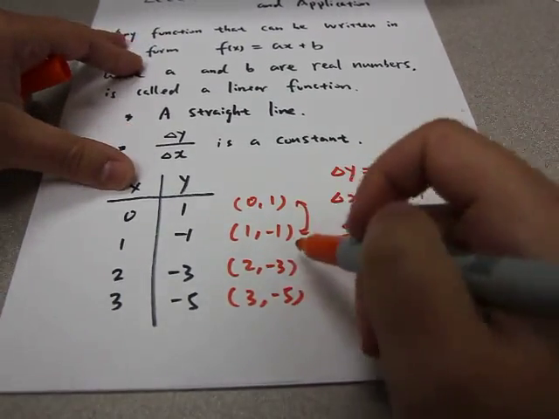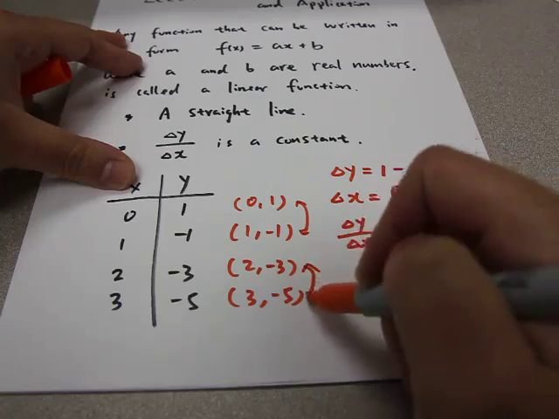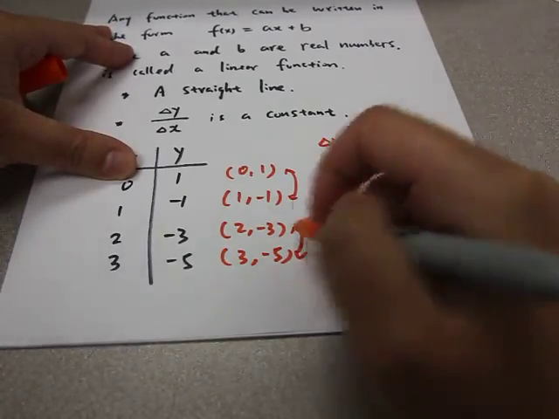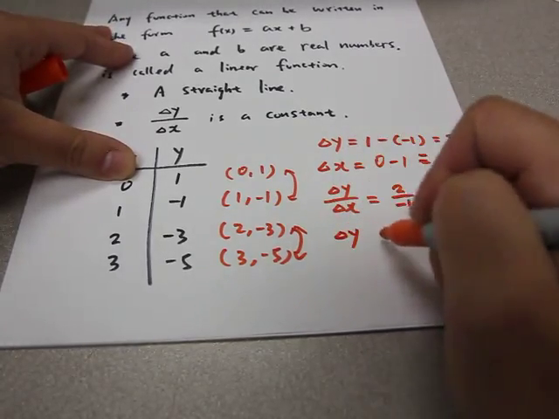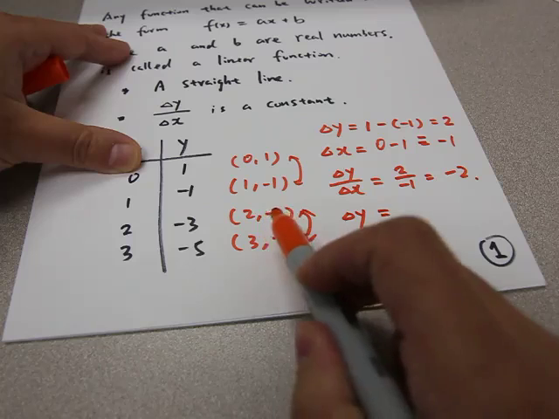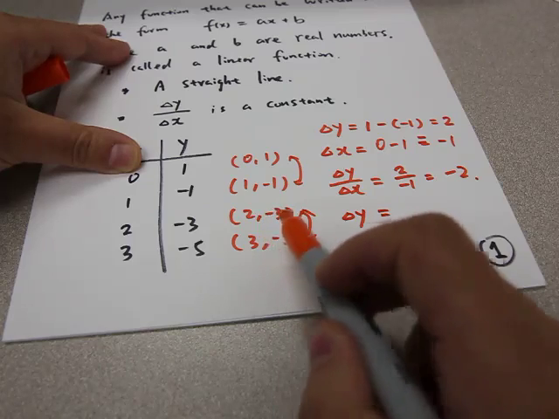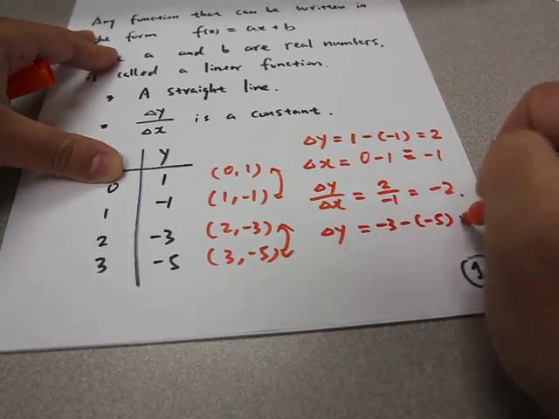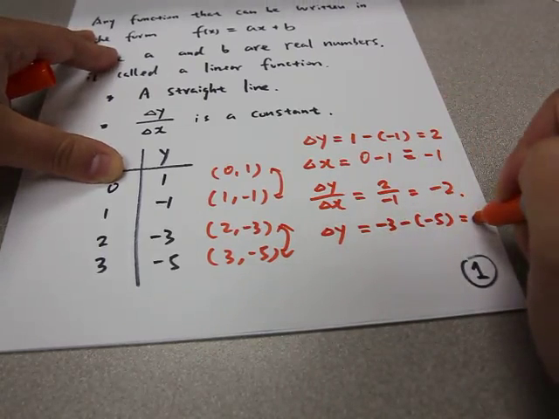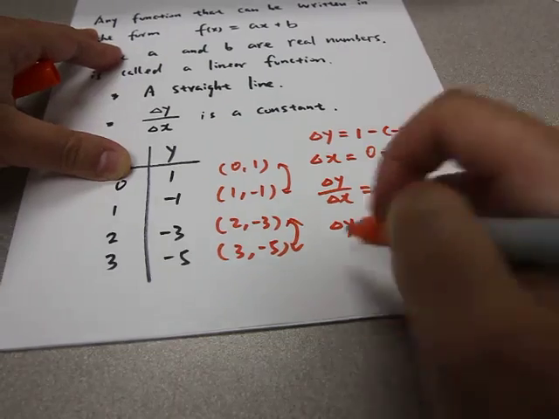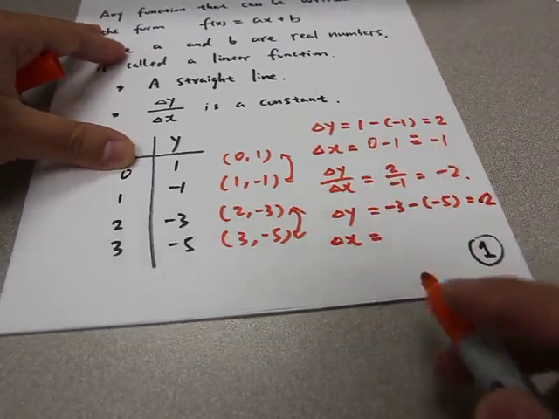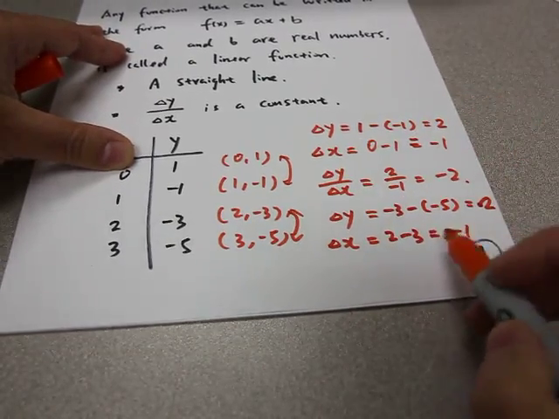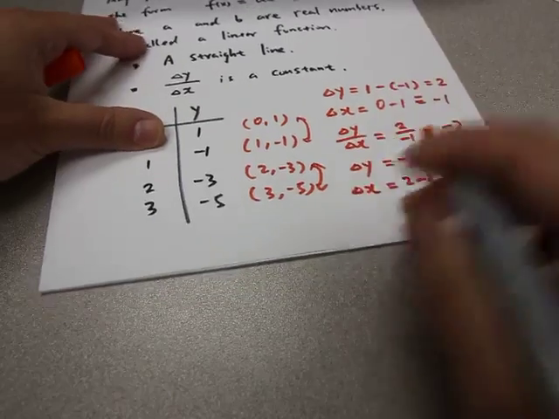Okay. Now if I pick another 2 points and compute this ratio, this time the change in the y is the difference between -3 and -5, so that is -3 minus -5, which is +2, and the change in the x is 2 minus 3, which is -1.